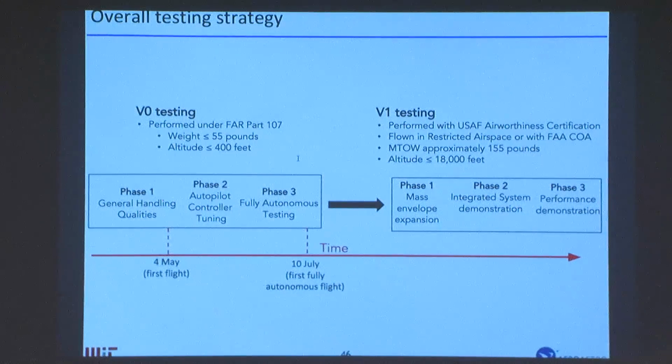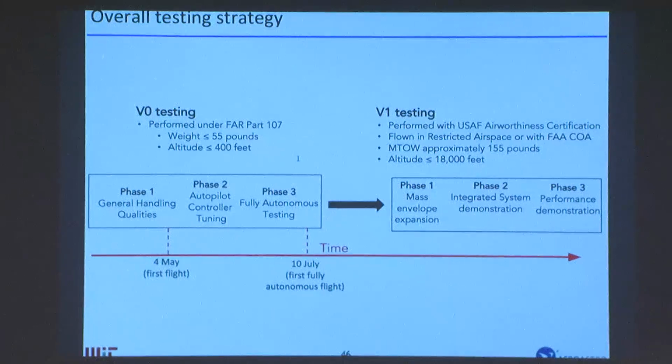We're probably going to fly in restricted airspace, in a test range, so that we're separated from other vehicles. I literally walked here from a 2.5-hour telecon with the Air Force, where we've been kicking off our airworthiness process to get this vehicle legal to go fly in that restricted area.